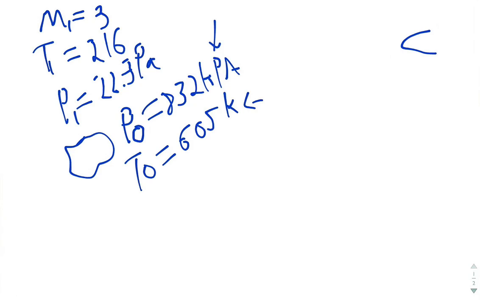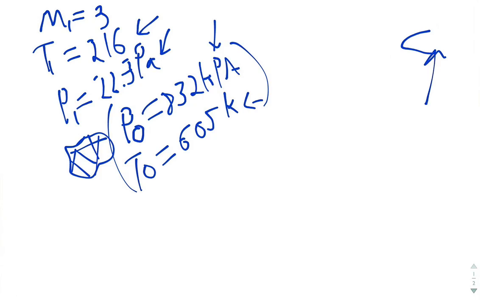So let's just pretend for a moment that the parcel can talk to us. It's flying along. We're here in this reference frame inside the airplane, and we call it on the phone, and we say, what's your pressure right now? It'll say, well, right now I'm Mach 3, my pressure is 22 kilopascals, my temperature is 216 Kelvin. But if you were to decelerate me to Mach 0, these would be my values.